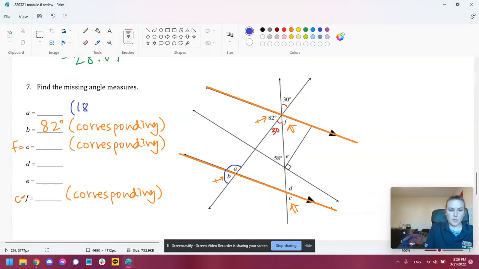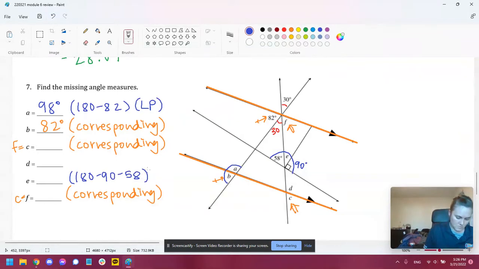So this one is 180 minus 82 because they're linear pairs. 58 plus E plus 90 is 180. So E is 180 minus 90 minus 58, which is 32. And that's a linear triplet.